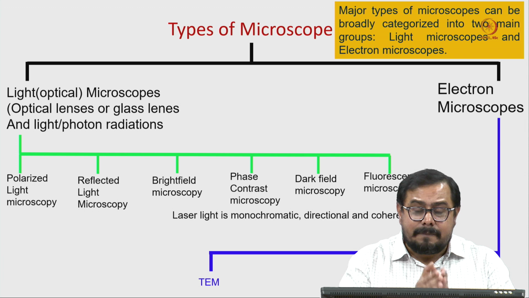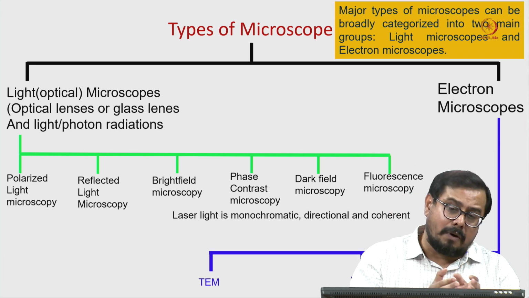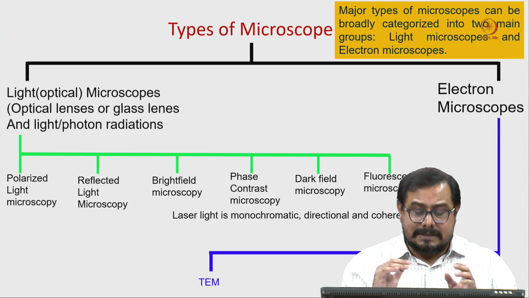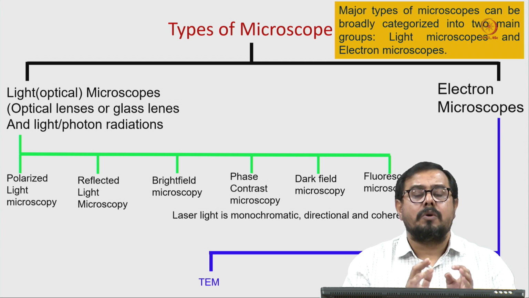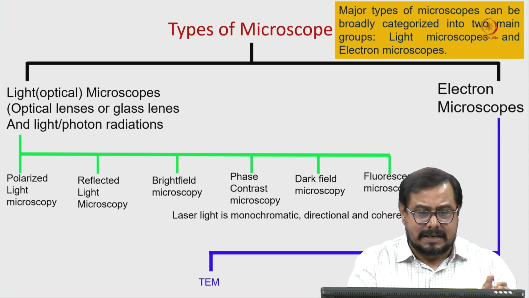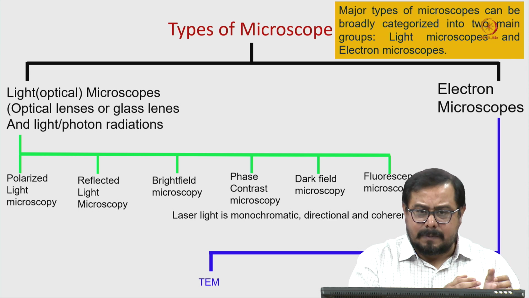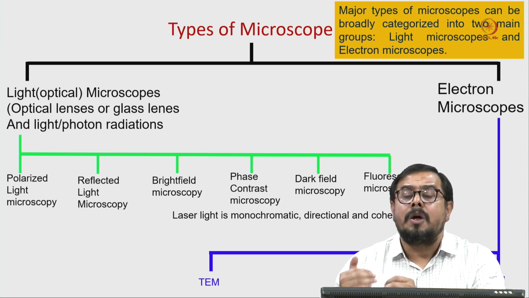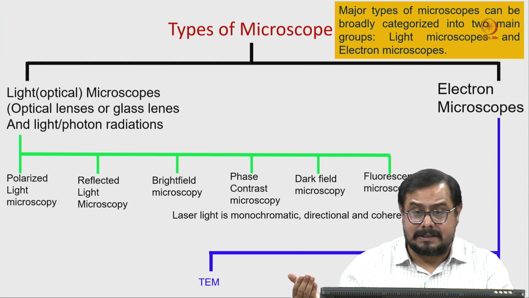You can classify them based on their use. In some cases, an instrument can be used only for biological science research purposes, and in other cases, electron microscopes are suitable for material science research purposes.